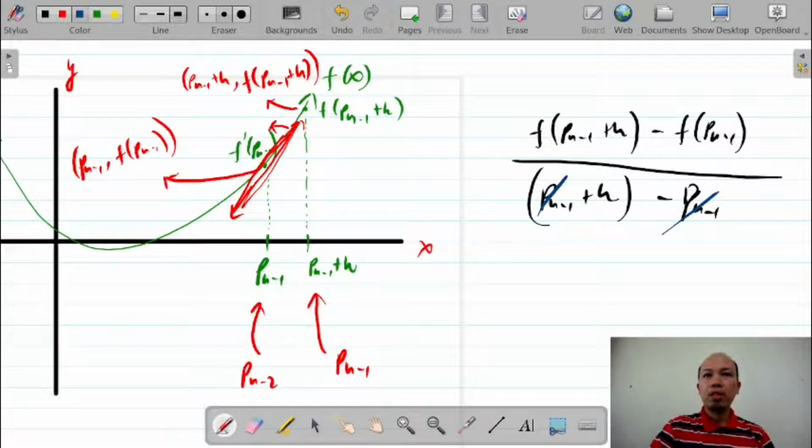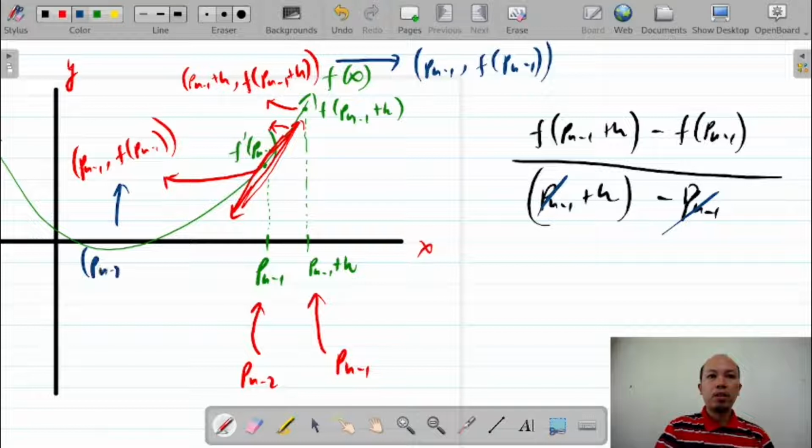We will replace this ordered pair by p sub n minus 1 comma f of p sub n minus 1, and also you have to replace this one by p sub n minus 2, since we already replaced the points on the x-axis, the iterates, the two iterates, with this point.